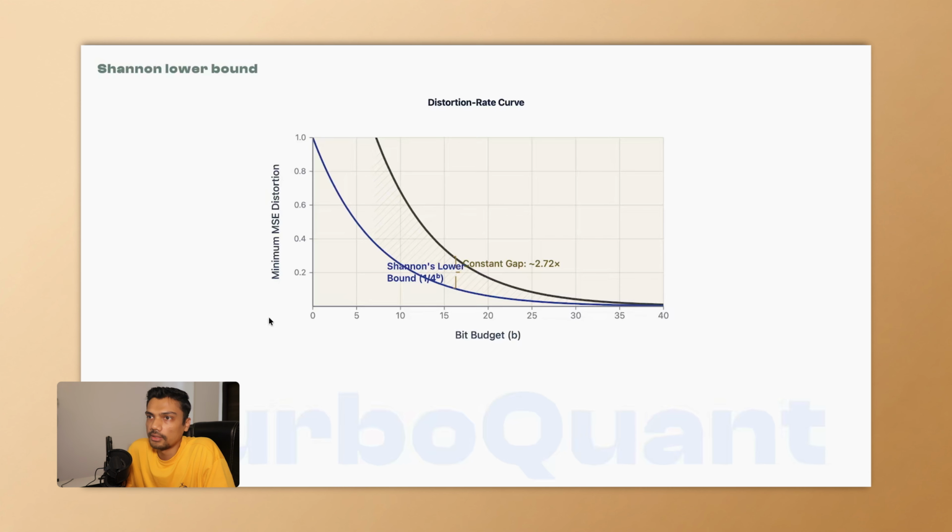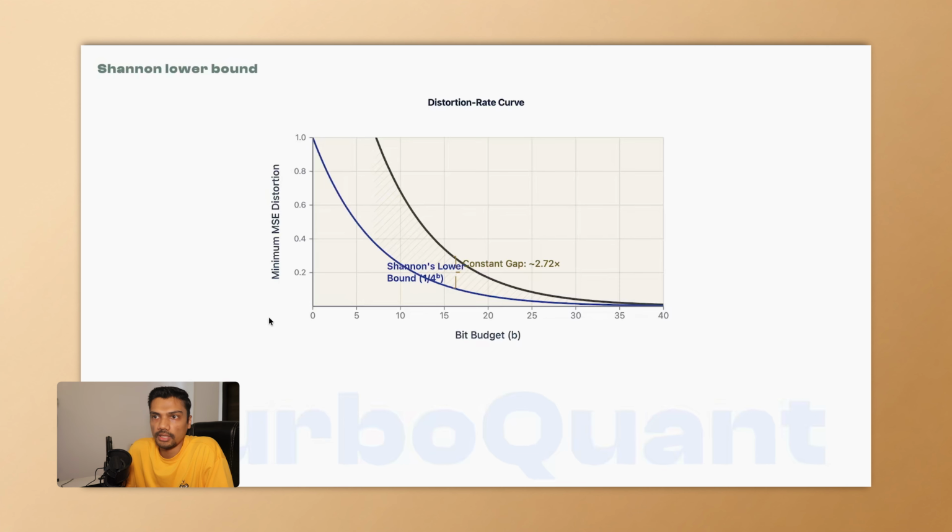So for vectors uniformly distributed on the unit hypersphere, which is what we get after L2 normalizing our vectors, the entropy is h of x equals log base 2 of the surface area of the sphere.